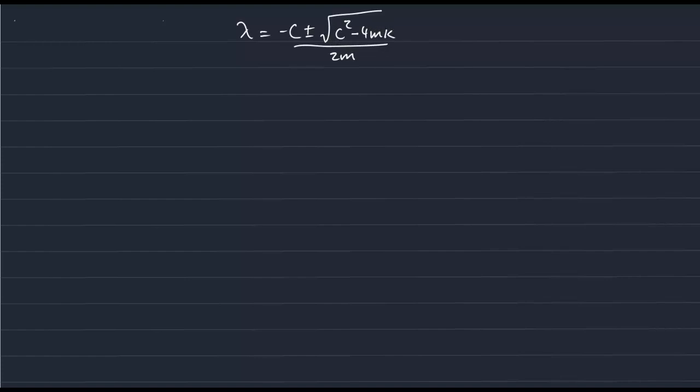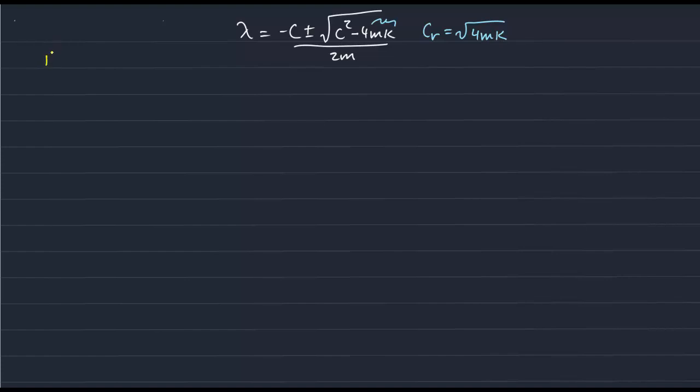And what is key here is how large c squared is compared to 4mk. And so we'll define the square root of 4mk as a critical damping coefficient.